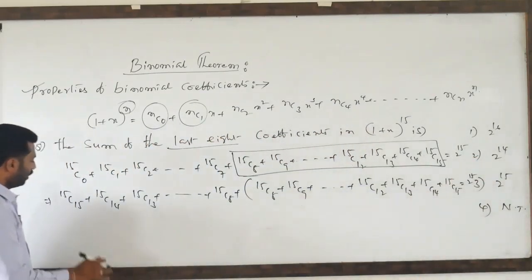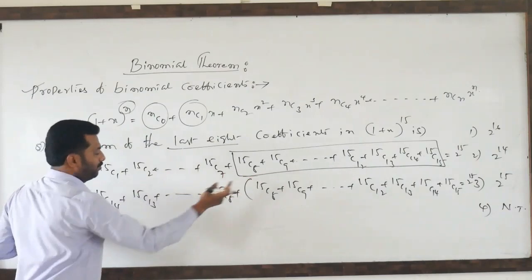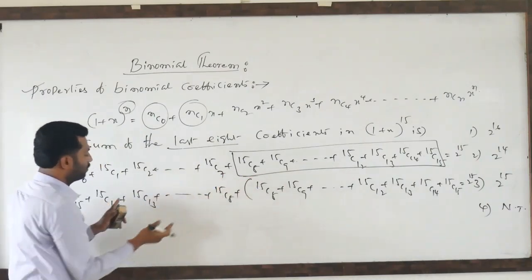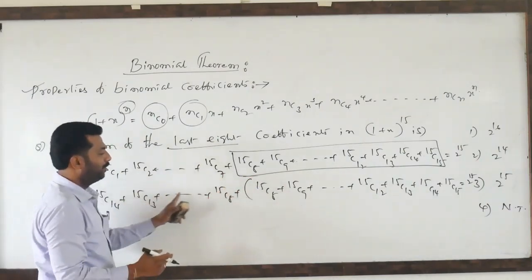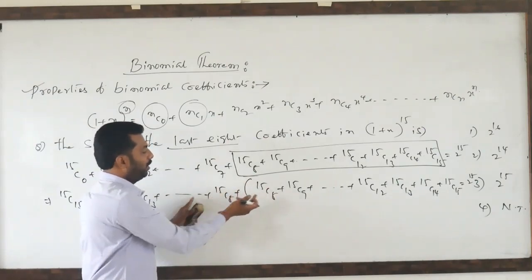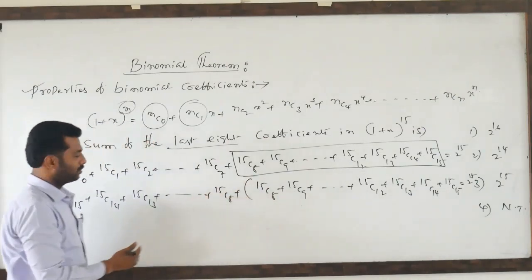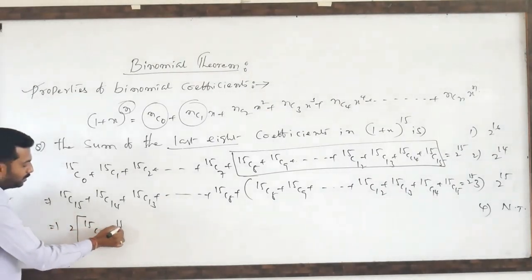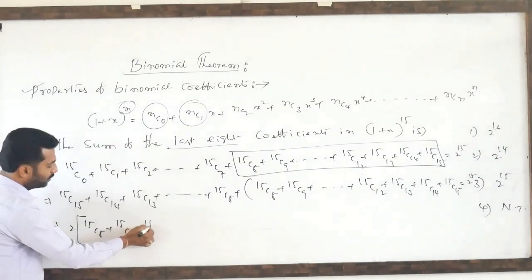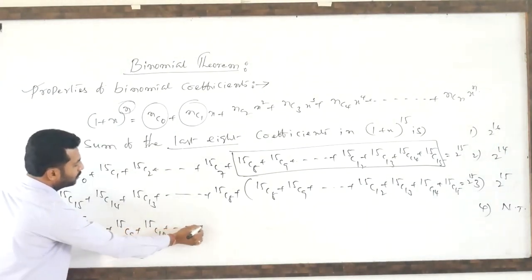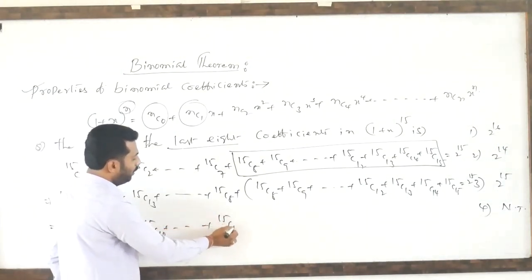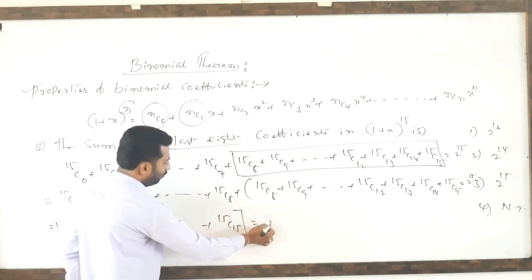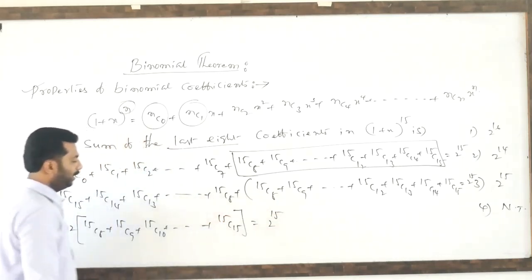You observe, 15C15 2 times, 15C14 2 times, 15C13 2 times, 15C9 2 times, 15C8 2 times. So every term is appearing 2 times, meaning 15C8 plus 15C9 plus 15C10 and so on up to 15C15, this value is 2 to the power 15.